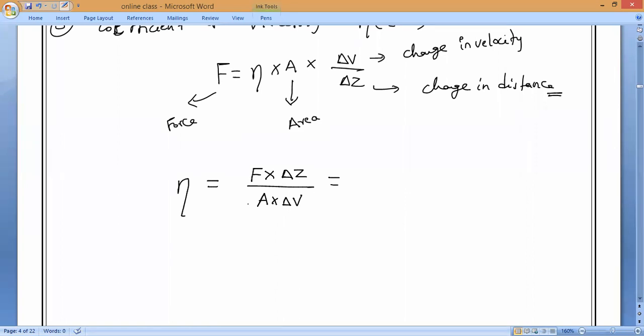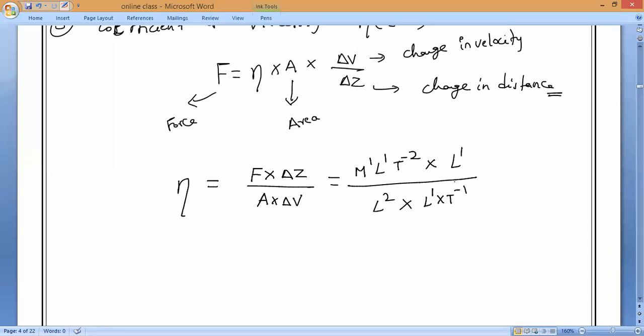Tell me the dimensions fast. Force is M power 1, L power 1, T power minus 2. Distance is L power 1, divided by area, L power 2, and change in velocity, L power 1, T power minus 1.